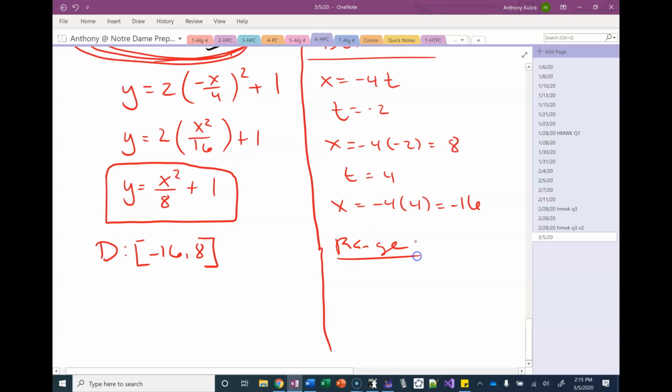Now let's find the range. Which parametric equation are we going to use to find the range? The one with the y. Okay? What kind of equation is y equals 2t squared plus 1? Quadratic. How do we find the range of a quadratic function?